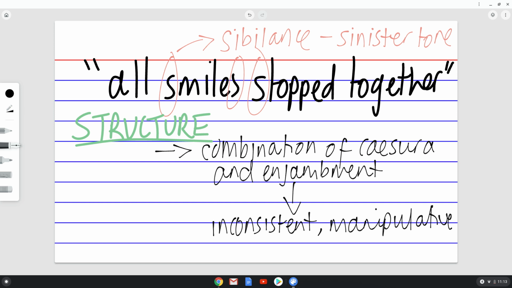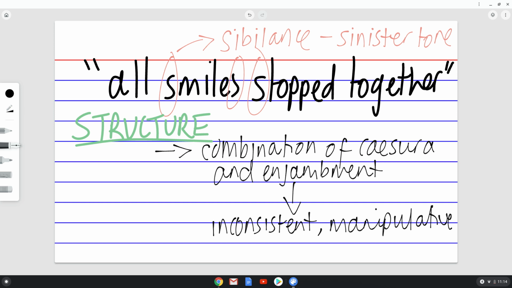So for example, somebody asks you the question, how does Browning present power as corrupt? And you'll say, okay, so one of the ways he does it is through images such as all smiles stopped together, because things like the sibilance in this, that sound really creates a sinister tone because of the hissing sound that it gives. We associate the hissing with snakes and evil and sin. So the image itself is suggestive, but also the sibilance reinforces that.